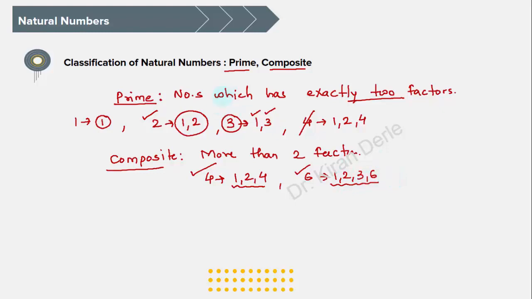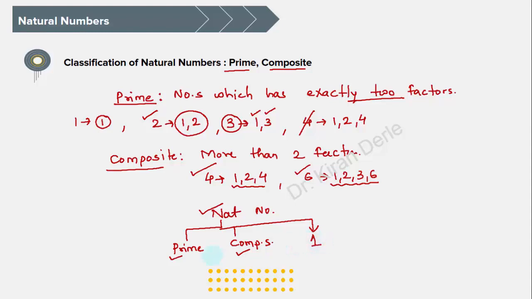So natural numbers, if I want to segregate them on the basis of prime and composite, I can say natural numbers are either prime numbers, which have exactly two factors, or composite numbers, which have more than two factors, and one more thing is left, and only then will all natural numbers be covered, and that is 1.